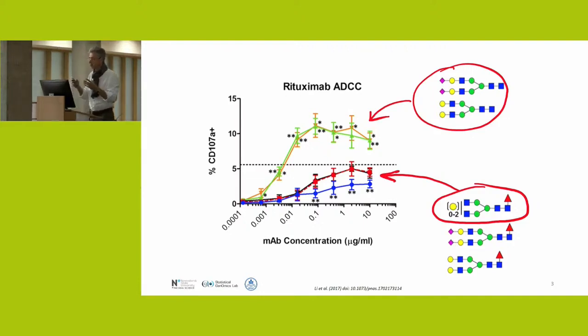With the original formulation, to treat a certain number of patients, you need to produce 1 kilogram of your monoclonal antibodies. While with changing glycosylation, essentially just removing one little molecule, instead of 1 kilogram, you can produce 1 gram, right? And you can treat the same number of patients.